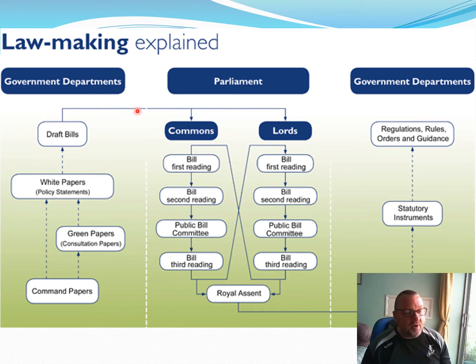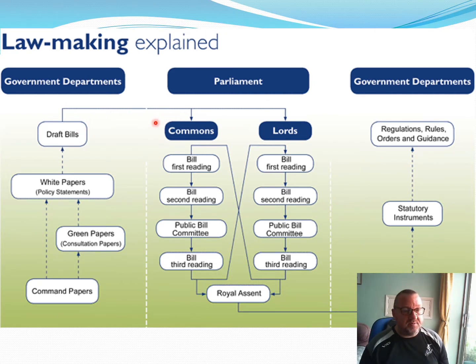So what you notice here, there is an opportunity. The bill can start in either the House of Commons or the House of Lords. It doesn't matter where it starts, because no matter where it starts, it always has to go through both houses. Okay, so the process is the same. For the purpose of this, we're going to assume the draft bill has gone to the House of Commons.